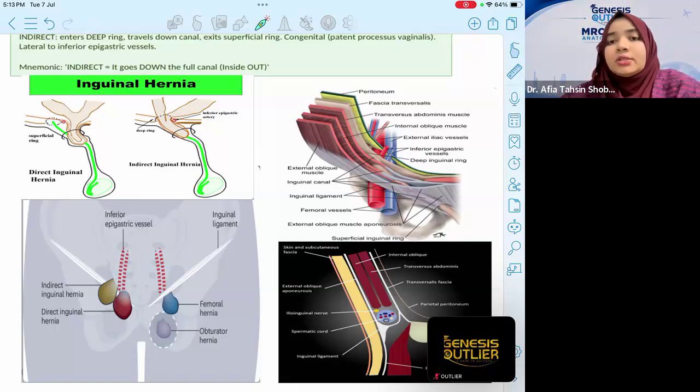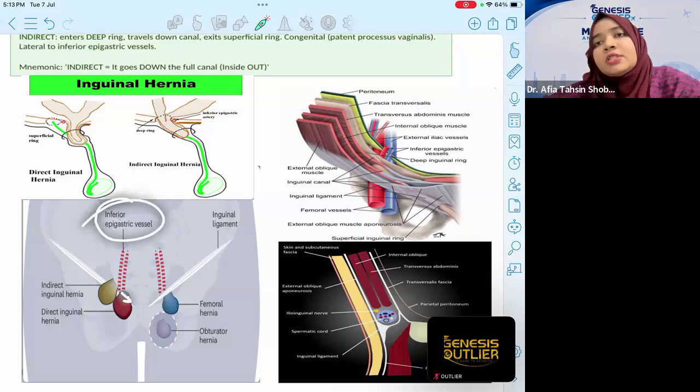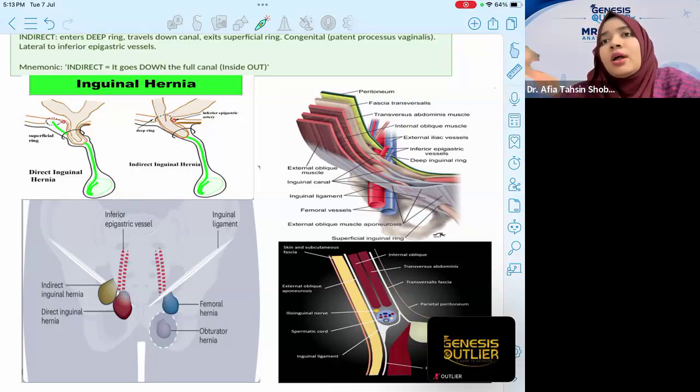So two points. But in case of indirect inguinal hernia, it will pass through the deep inguinal ring and superficial inguinal ring both, and it will be lateral to the inferior epigastric vessels. Okay, this distinguishing point is very important.